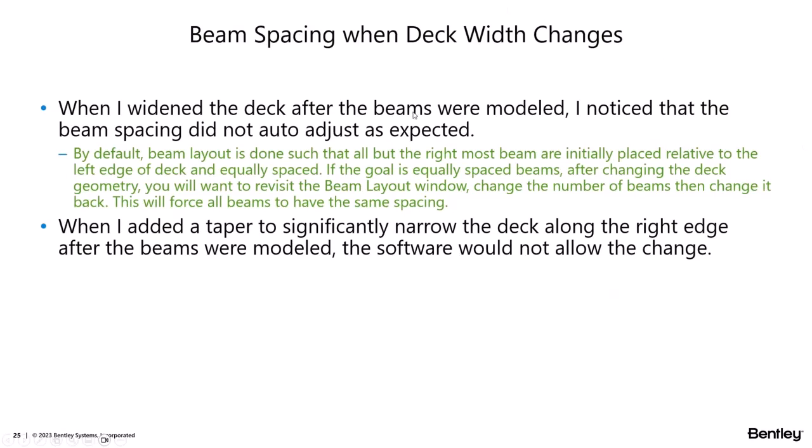Well, here's the thing: when we do the beam layout, by default, the rightmost beam is placed relative to the right edge of deck. The leftmost beam is placed relative to the left edge of deck, and then all the other interior girders are, by default, relative to the leftmost girder. So if that left beam moves, if you change something about the width on the left side of the deck, all the other interior beams are just going to follow it along.